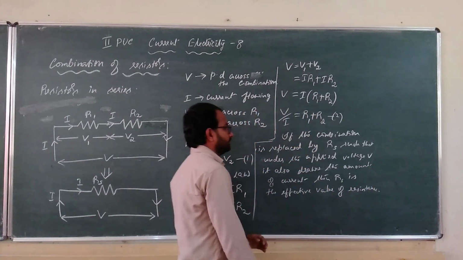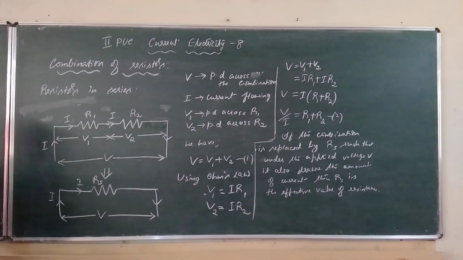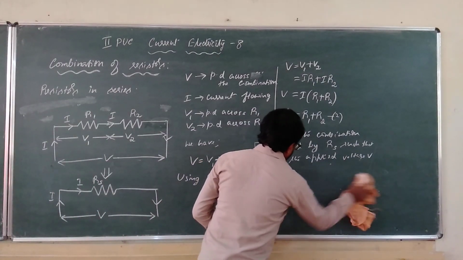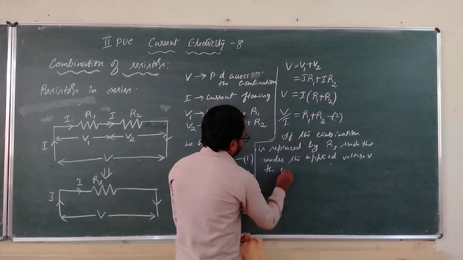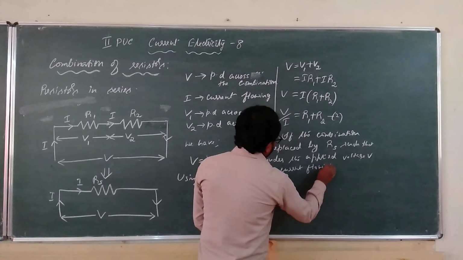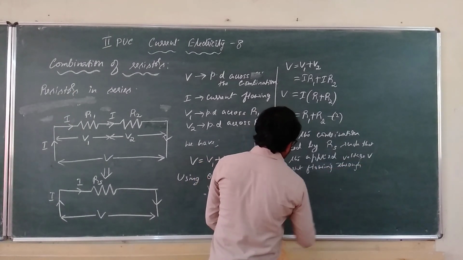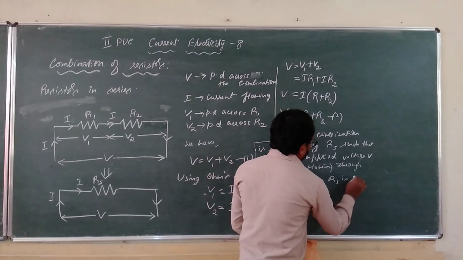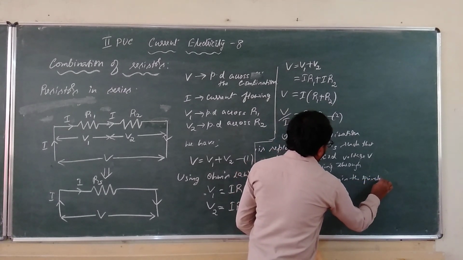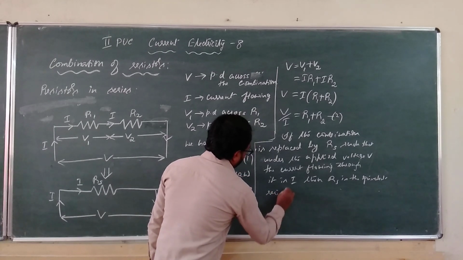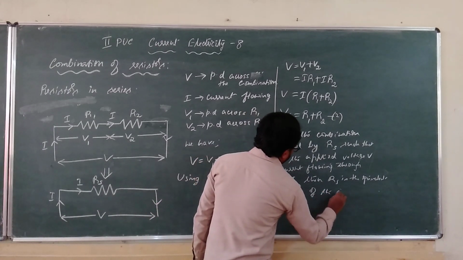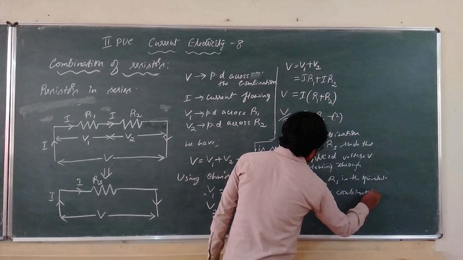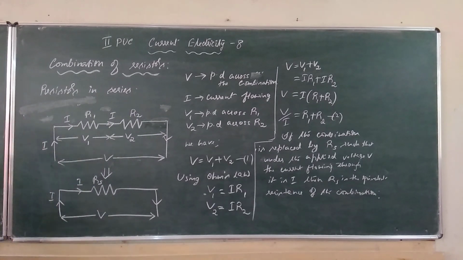If the combination is replaced by some resistor, say Rs, such that under the potential difference V the current flowing through is I only, then Rs is the equivalent resistance of the combination. Okay, right.